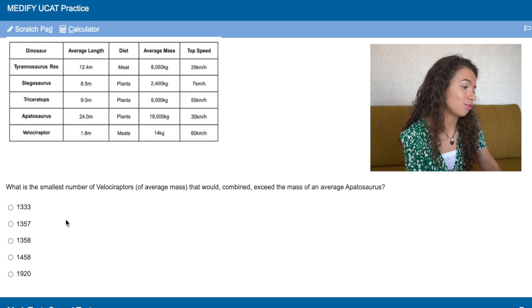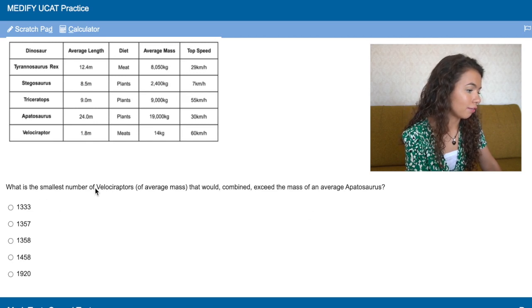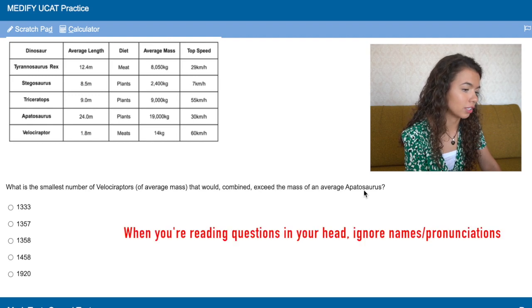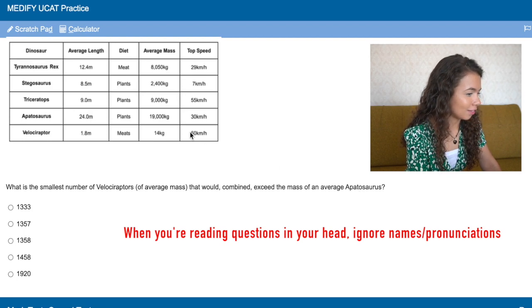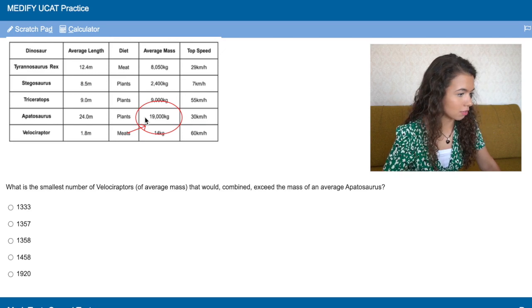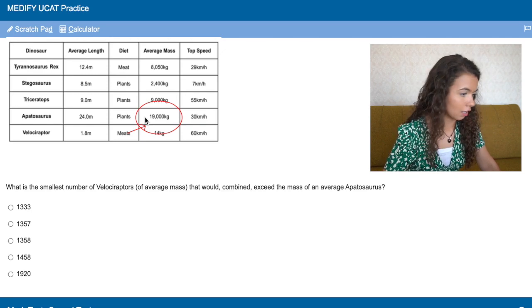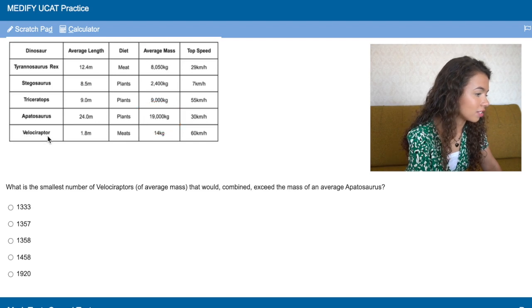Okay, so the next question reads, what is the smallest number of this dinosaur of average mass that would combined exceed the mass of an average this dinosaur? Okay, so the average mass is 19,000 kilograms. I'm just going to make a note of that. A velociraptor, I don't know if I've said it right, weighs only 14 kg.